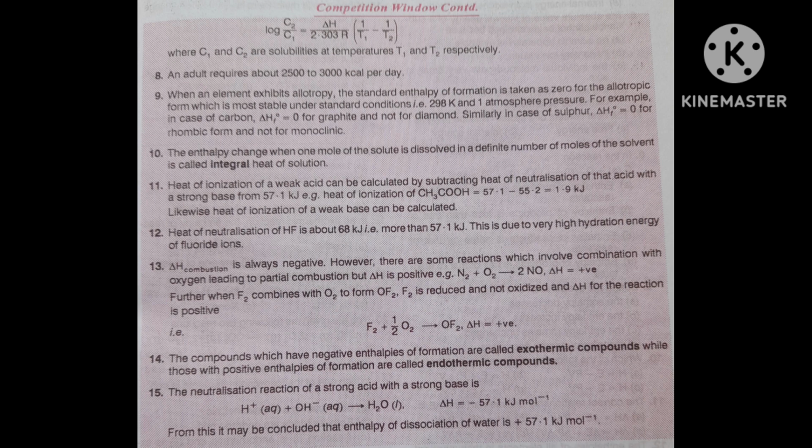Now the next point I am going to discuss. The compounds which have negative enthalpy of formation are called exothermic compounds. Exothermic reaction, you know, any reaction when heat will evolve, delta H will be negative, that reaction is called an exothermic reaction.